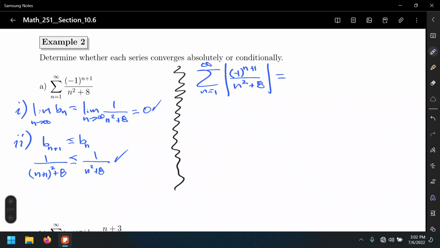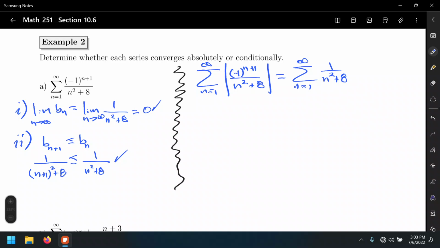What this absolute value does is eliminate any alternating factors. So the new series will be sigma n equals 1 to infinity of 1 over n squared plus 8. For now, forget about the alternating series. Let's focus on this new series that doesn't alternate.